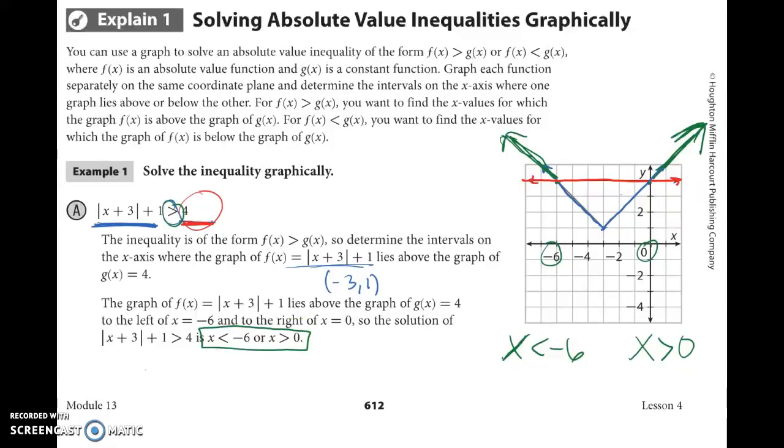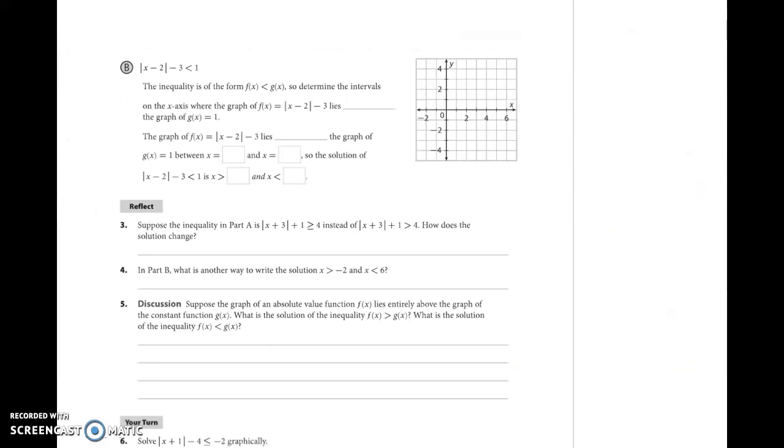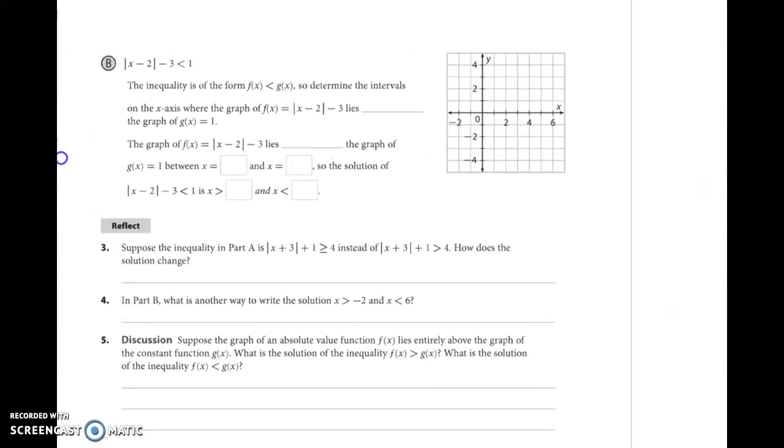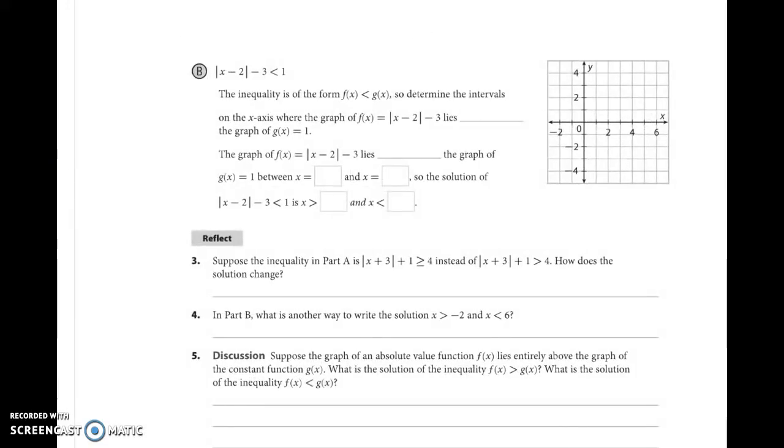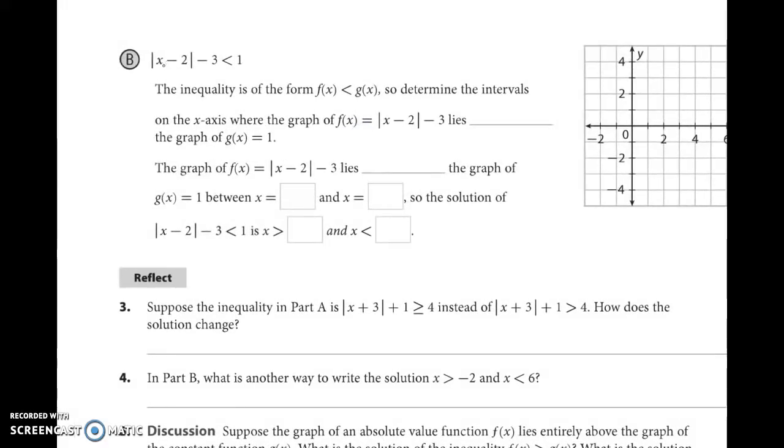Okay, the next one, part B, we're going to do the same thing. We're going to graph it. Let's graph the absolute value here. So my vertex is 2, -3. 2, -3.